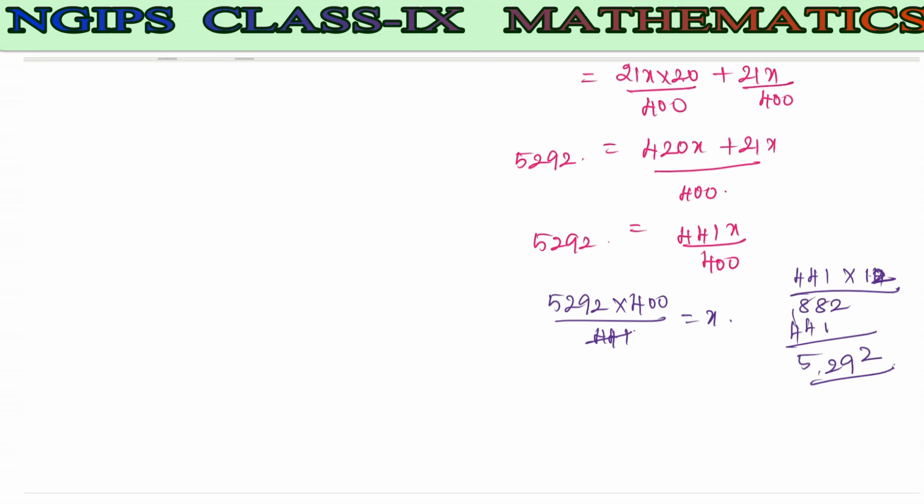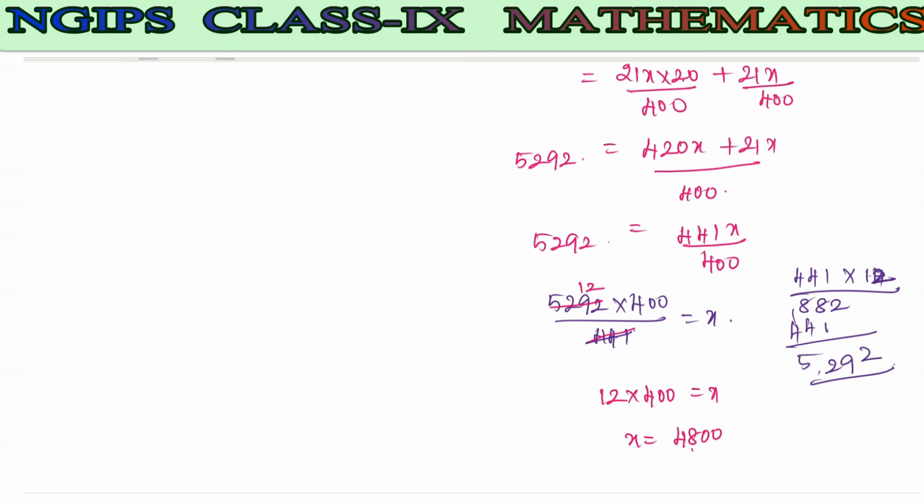So when you cancel this, we get the value 441 into 12 times it is possible. So here 12 into 400 is equal to x. So we got x is equal to 12 into 400, which is nothing but 4800.